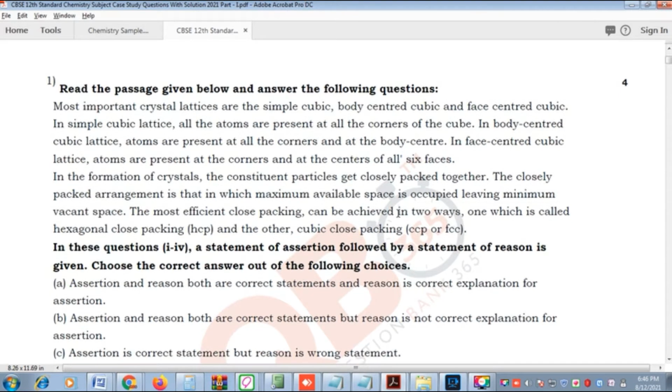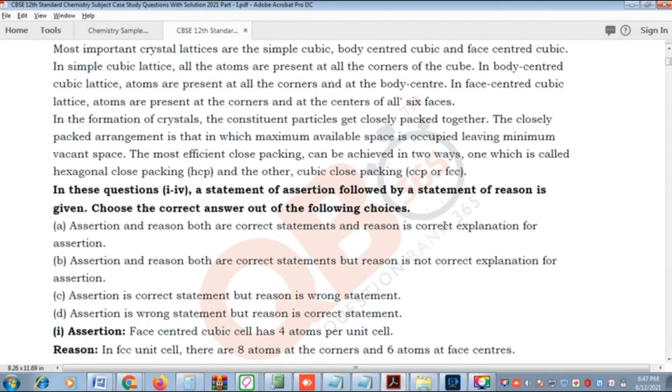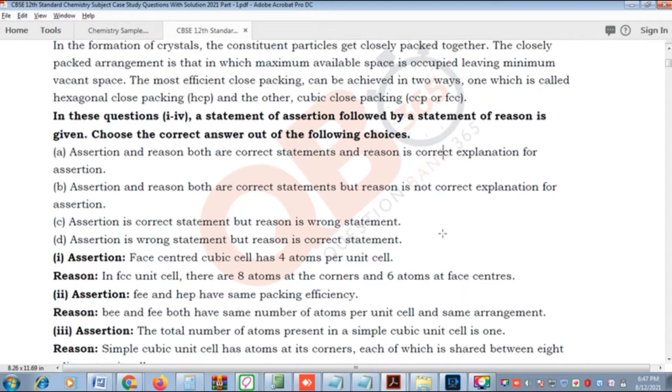You can read the passage, starting from the most important crystal lattices or the simple cubic and ending with cubic close packing. Using that passage, they are asking four different questions.